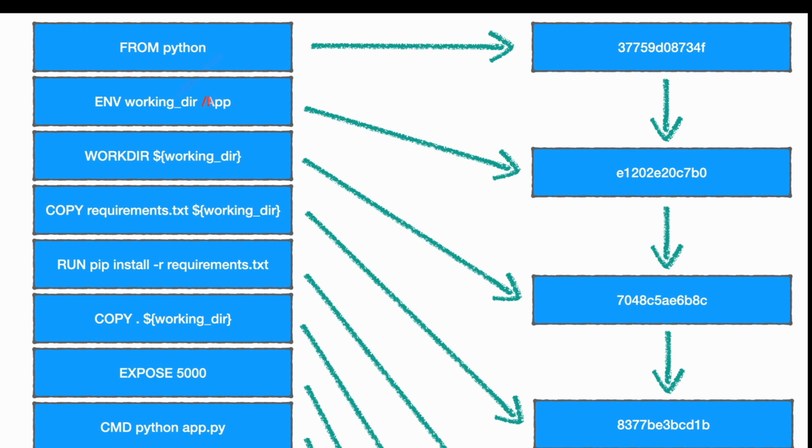So what would happen if something changed in a command or a step here? When we execute the docker build command again, it will check the first Docker image: okay, no change, it is good, we can reuse that. Then it will check the second image: okay, there is some change, that means all the rest of the images are not useful now because there is a change in the second step.